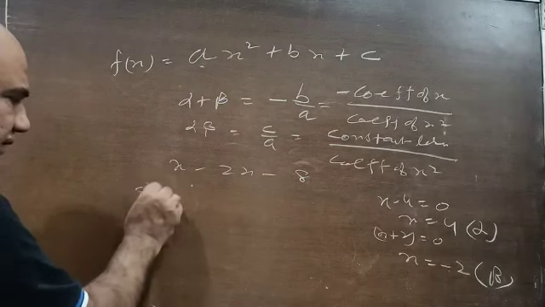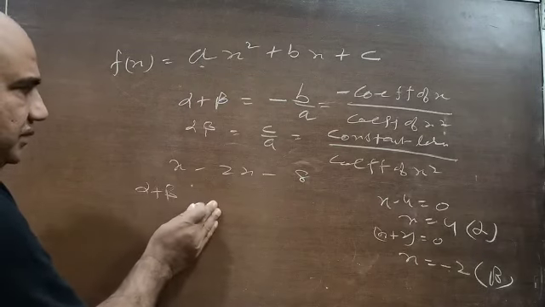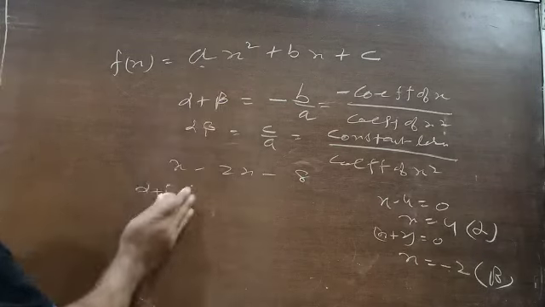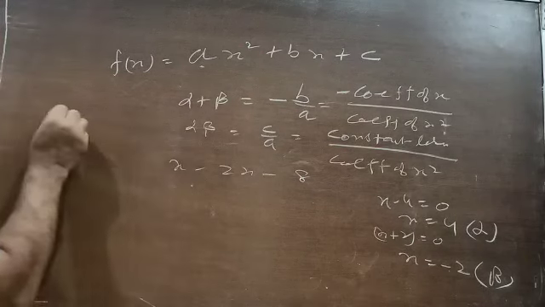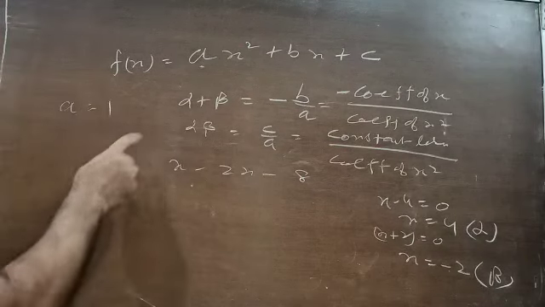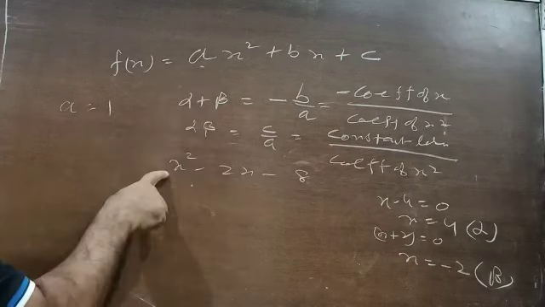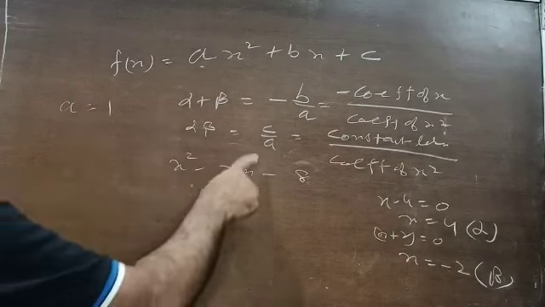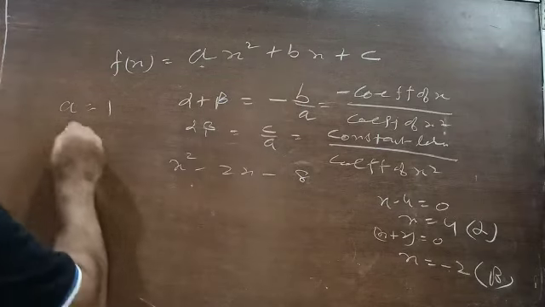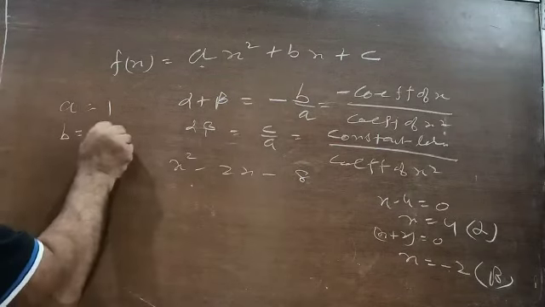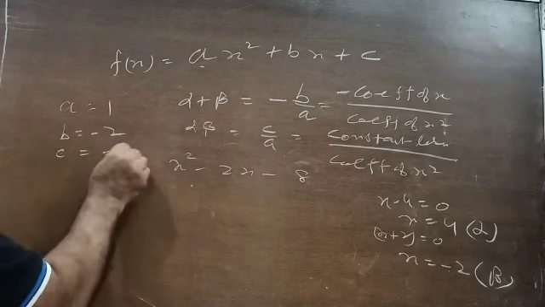Now if I write alpha plus beta, and compare with the standard form, here a is equal to 1, the coefficient of x square. The coefficient of x is b, so here b is minus 2, and c is minus 8.